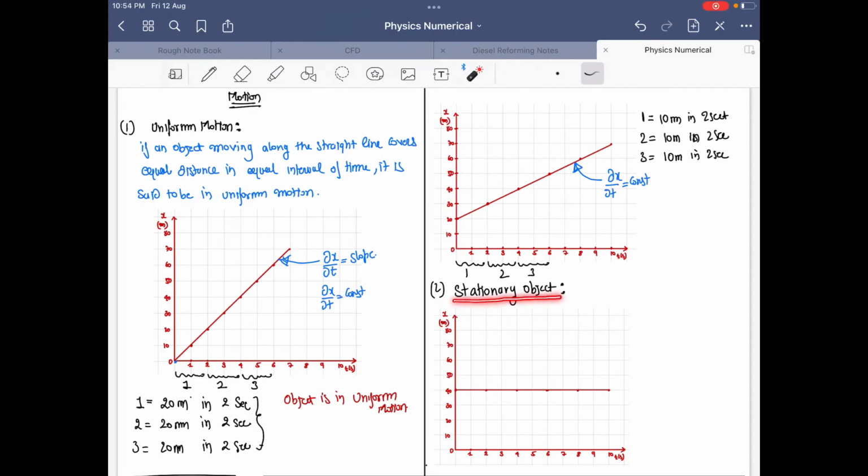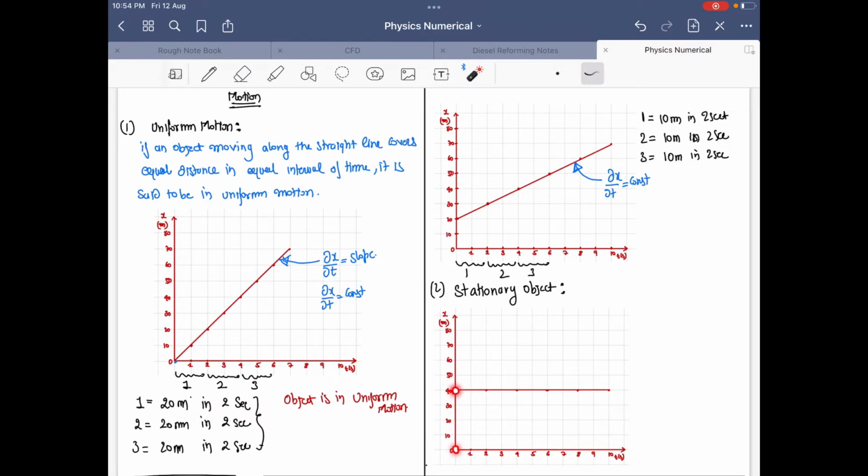Now we will come to the stationary object. When an object is not moving with respect to time, initially at time t equal to 0, this is my time axis and this is my distance axis. Initially, from some reference point, the object was at 40 meter. This is my reference.